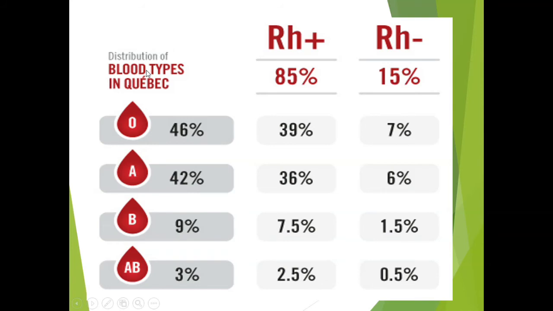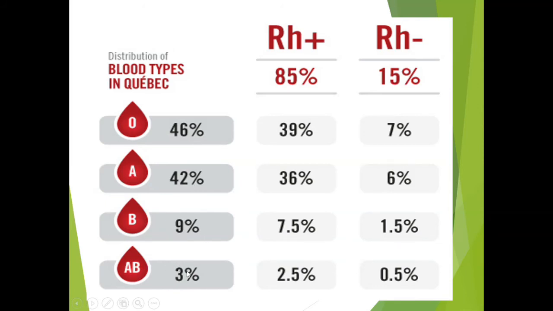This is also Rh positive and Rh negative. Rh positive is 85% in the population, while Rh negative is 15%. And we can match this with O positive and so on.